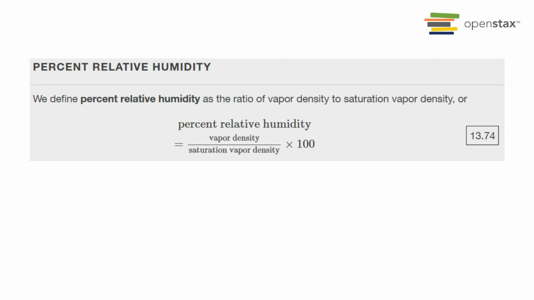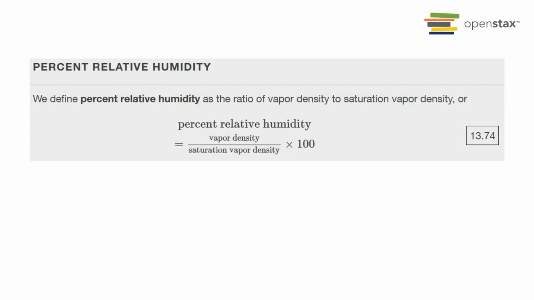It means that we define percent relative humidity as a ratio of the vapor density to the saturation vapor density. So when they talk about humidity and it says a percentage, it's the vapor density versus the saturation density.